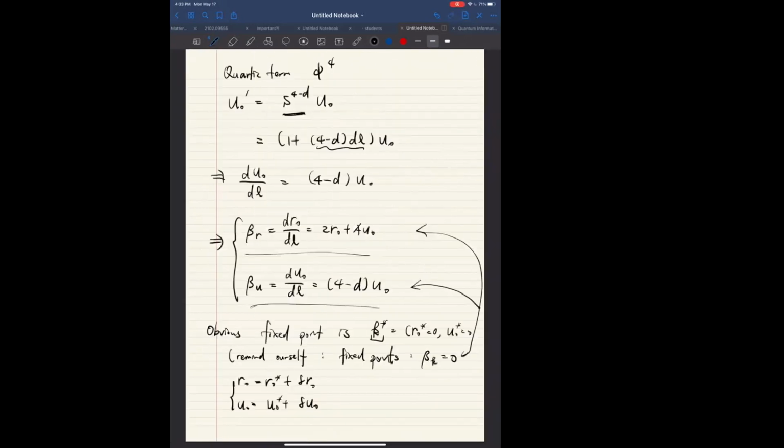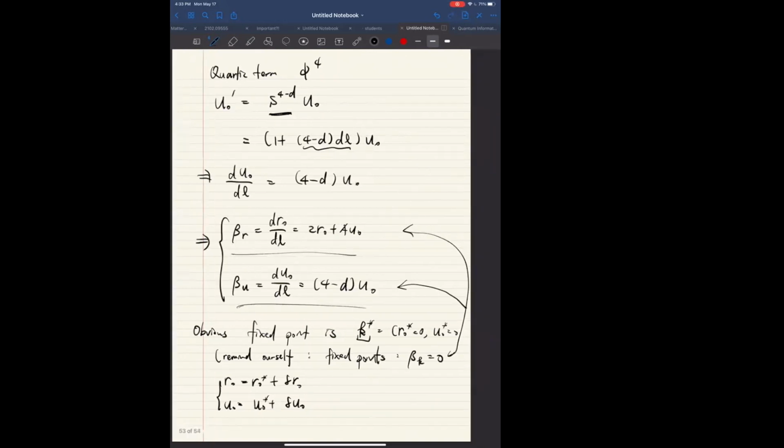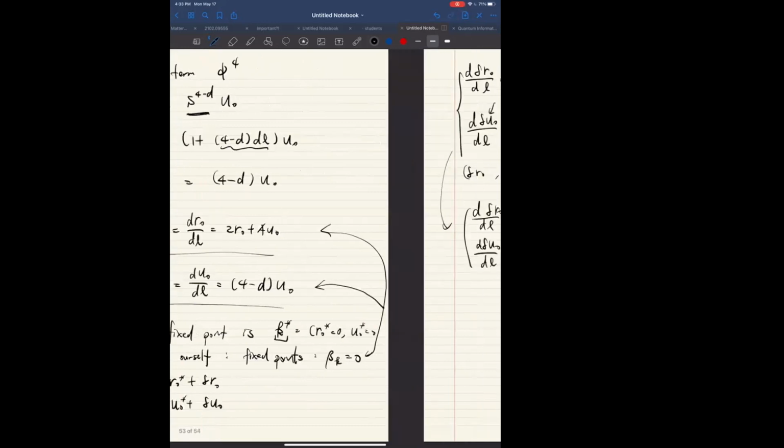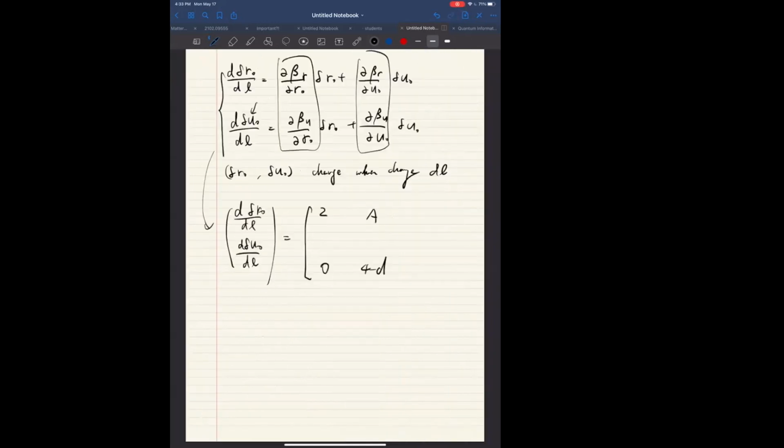So take the partial derivative with respect to R0 and U0, and U0 basically gives you 4 minus d here, which you can solve as an eigenvalue equation.